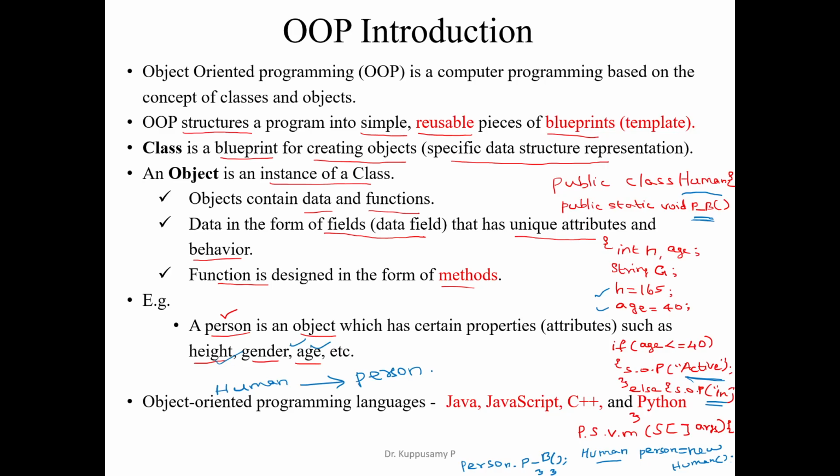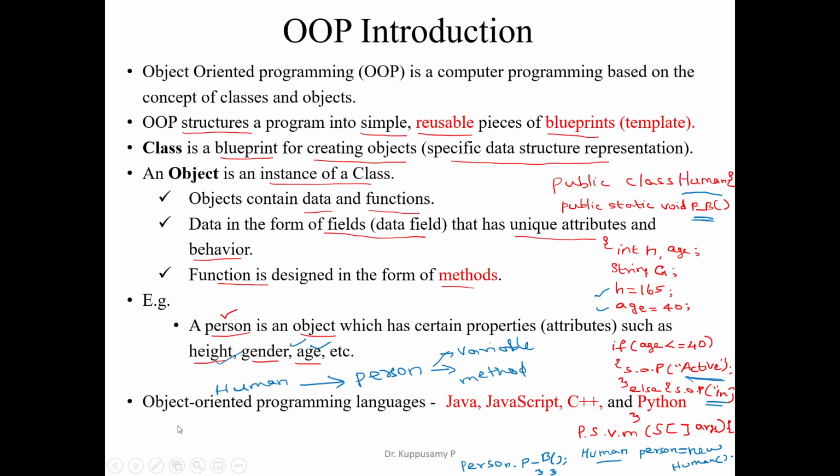The person is an object which defines the behavior and also variables. Variables have the values, and behavior is defined by the method. That is the introduction about objects.